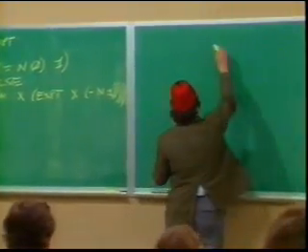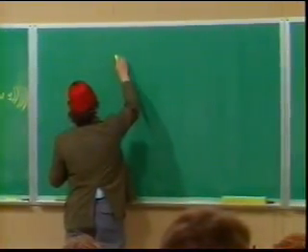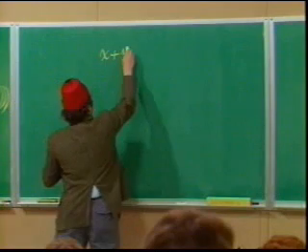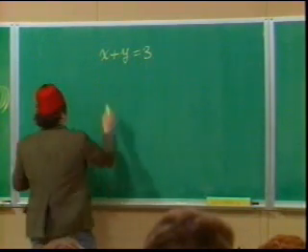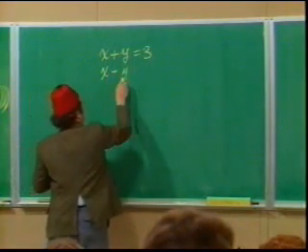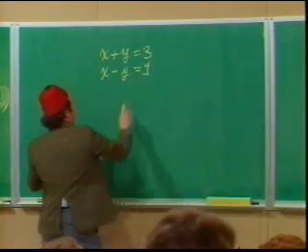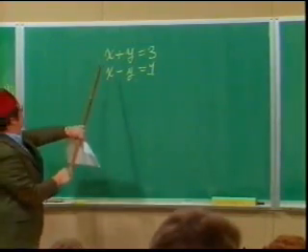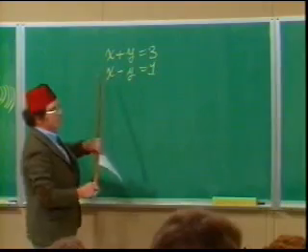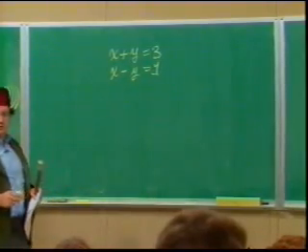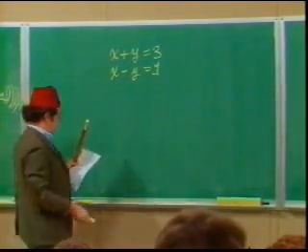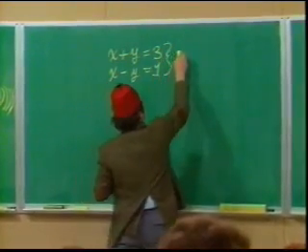Consider the following set of definitions here. x plus y equals 3, and x minus y equals 1. Well, gee, this tells you x in terms of y, and this one tells you y in terms of x, presumably. Okay. And yet this happens to have a unique solution in x and y.